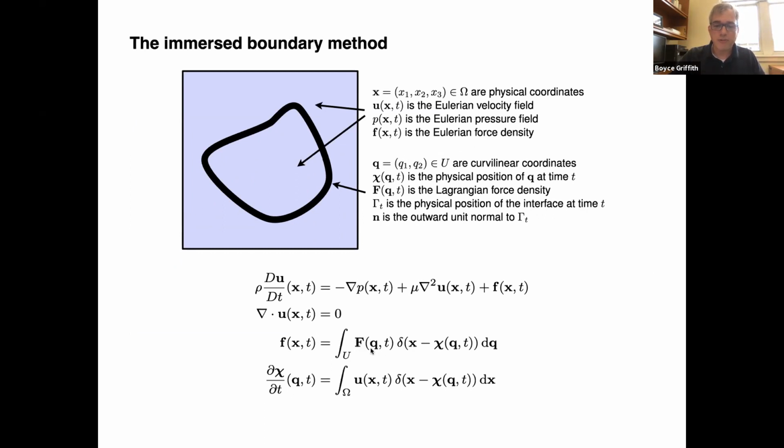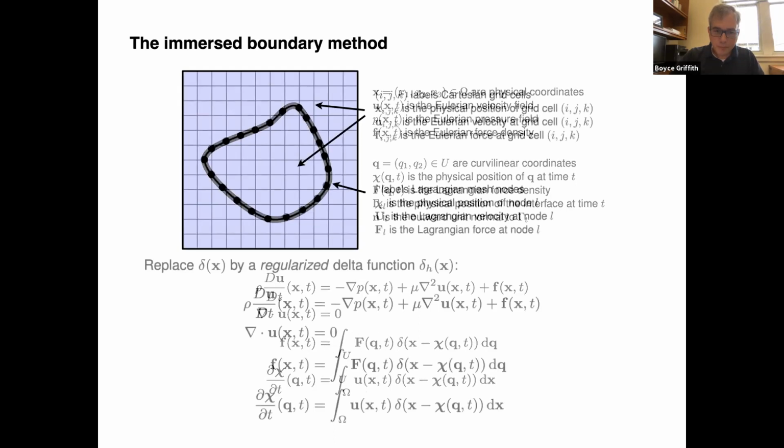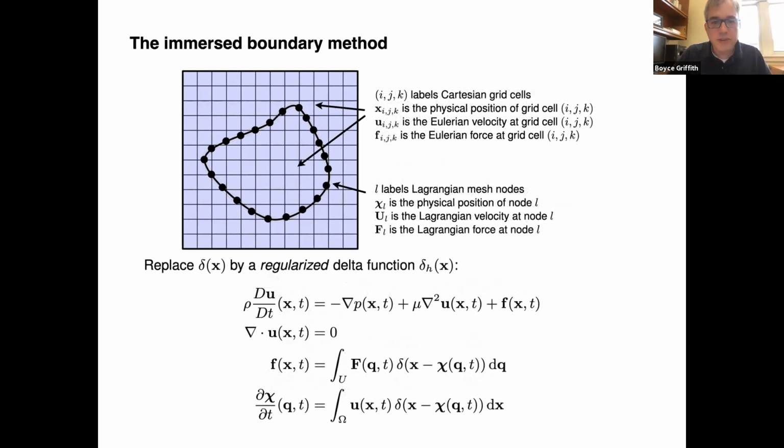This boundary force is defined with respect to the Lagrangian coordinate system, and we convert it into an equivalent Eulerian body force density by integrating it against the Dirac delta function kernel. Then we use a similar integral transform to go from the computed Eulerian velocity field to the velocity of the boundary. When we discretize these equations, a typical thing to do is to use a fixed Cartesian grid for the fluid, and we use a body-conforming mesh only for the structure.